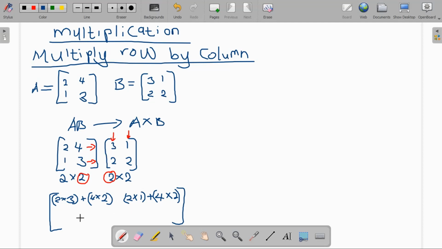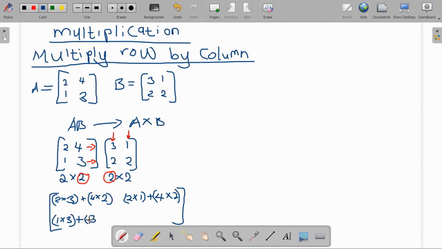So 1 multiplied by 3, in brackets, and then plus open bracket 3 multiplied by 2.